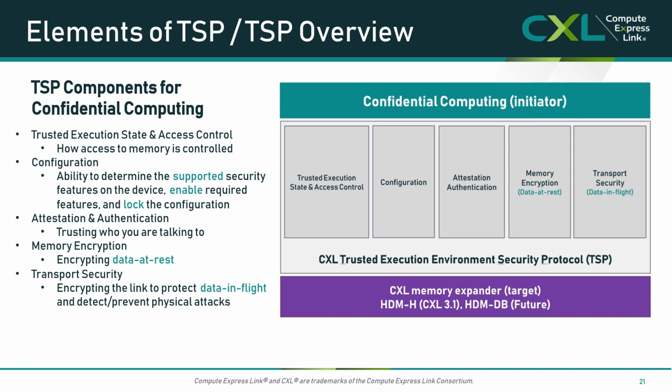Attestation, authentication, this is just trusting who you're talking to over the device. The data at rest part, this is allowing the device to do that data at rest encryption, or the host may do it. So this is configurable depending on the needs of the host and the needs of the use model in the device. And then again, the transport security is that link IDE primarily.